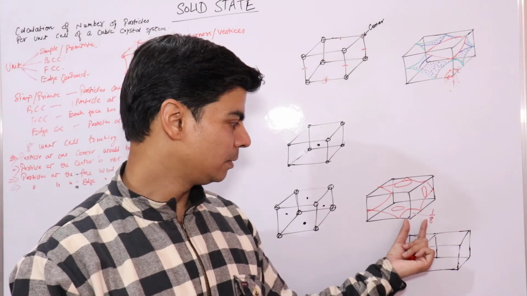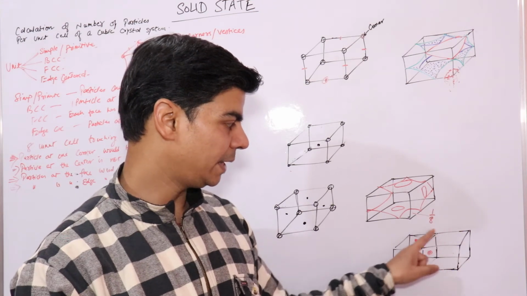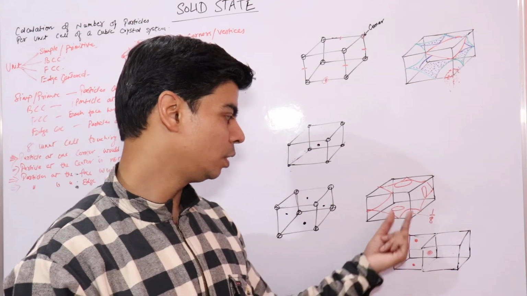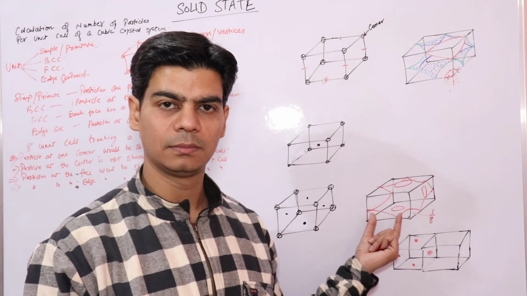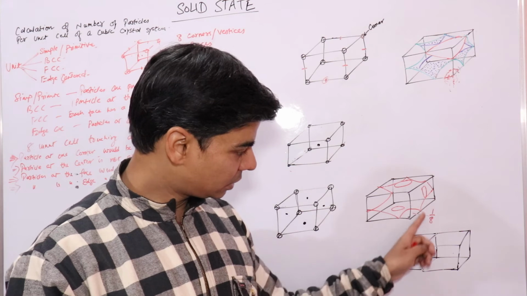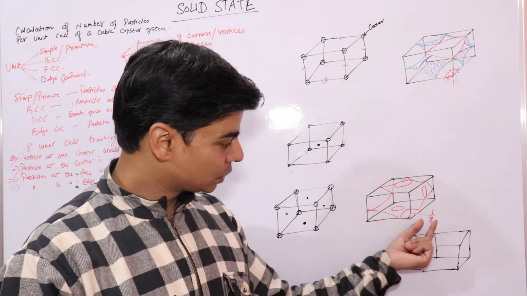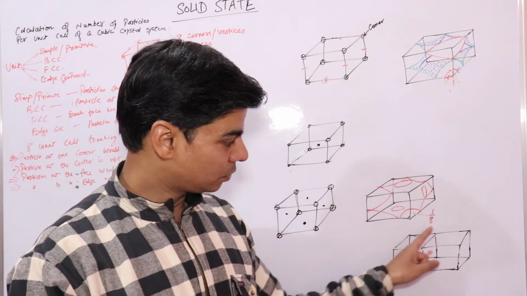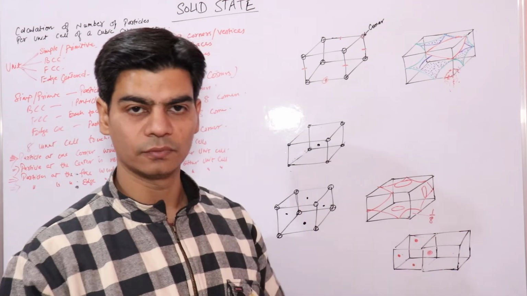So 1/8 of that particle would belong to each unit cell. Since 8 unit cells are touching this corner, I'll repeat, 1/8 of that atom would belong to each of the unit cells.